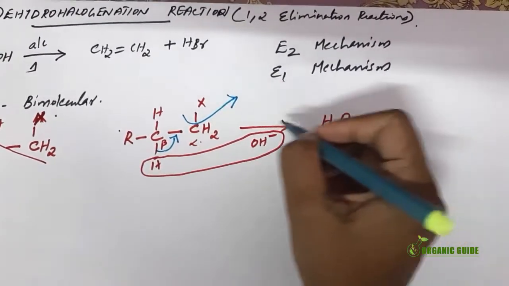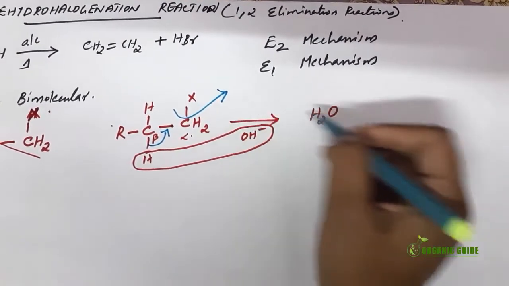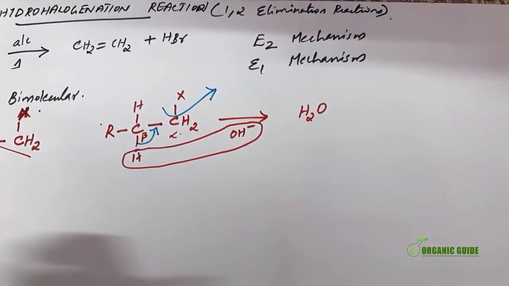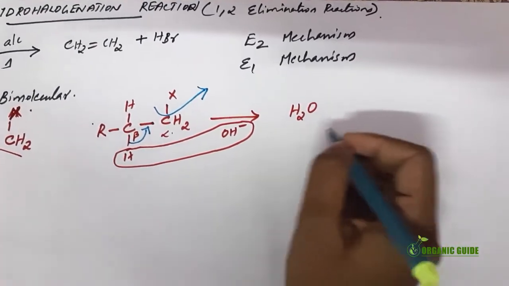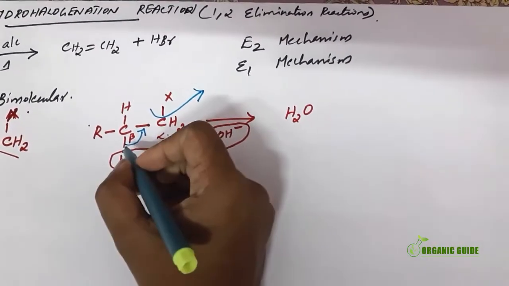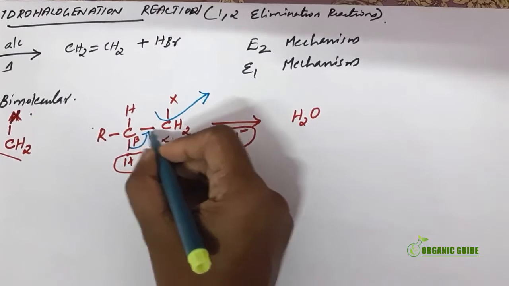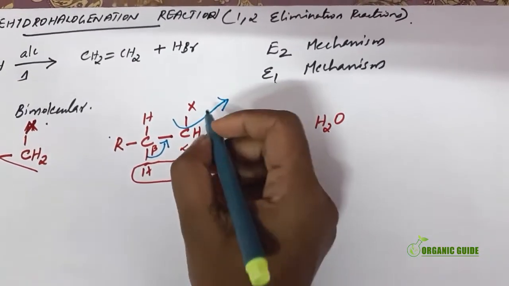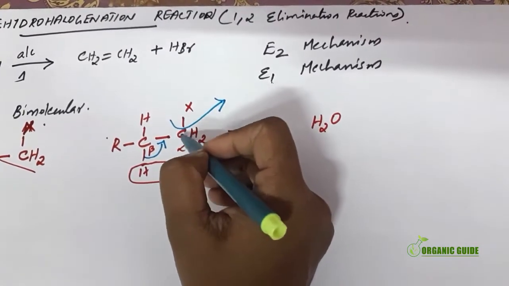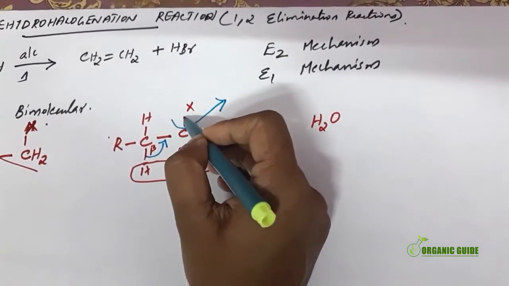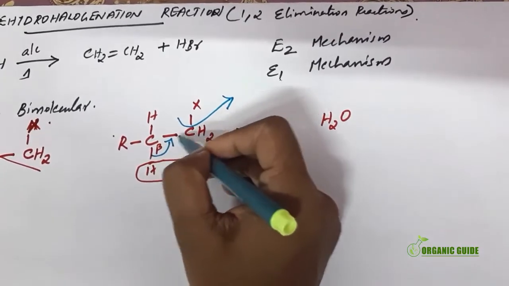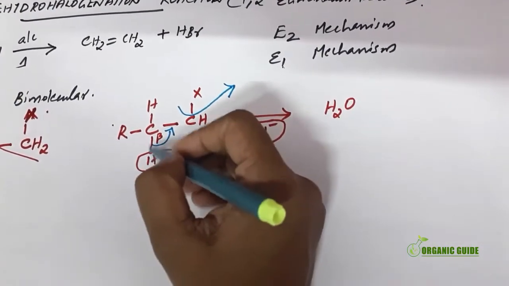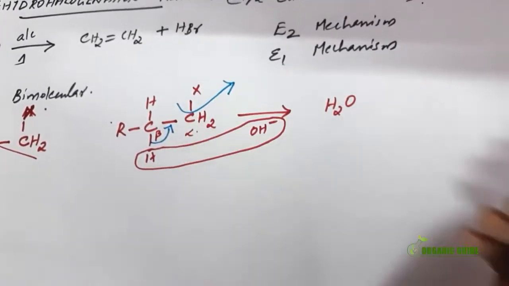So there will be a transition state formed in between, and this transition state contains a partial double bond between this carbon and this carbon, and also the bond between this carbon and the halogen is partially broken. So there will be partial bonds formed between all these atoms, this hydrogen, this carbon and this halogen atom.